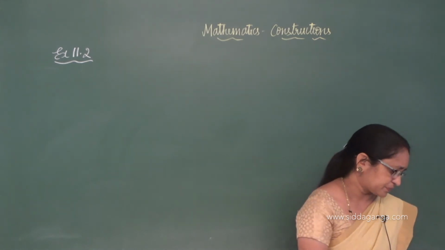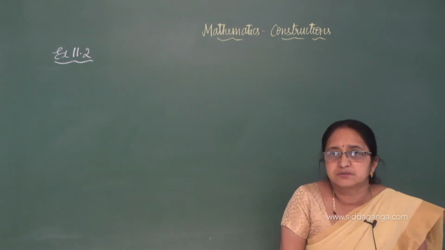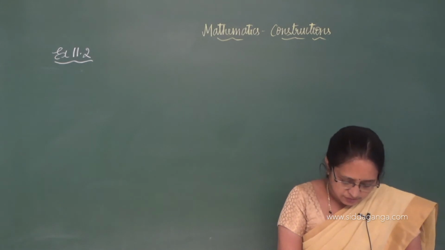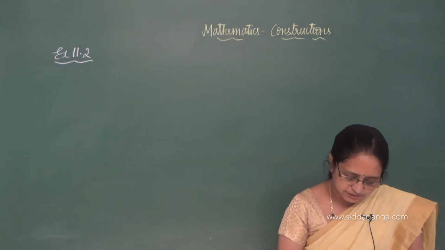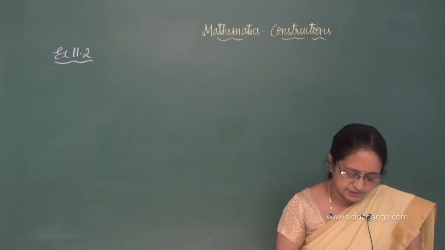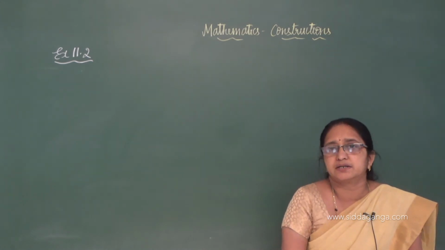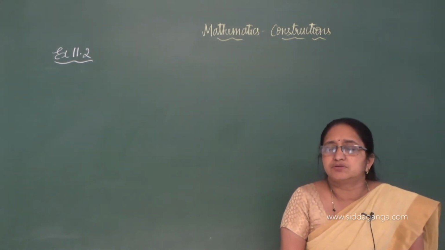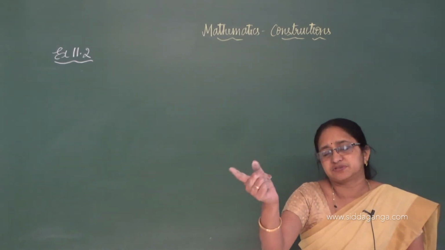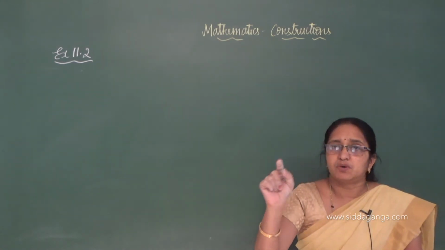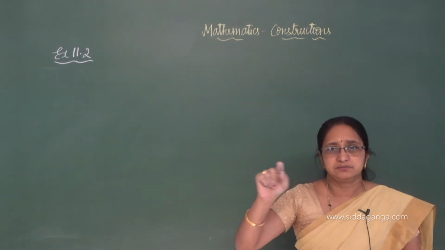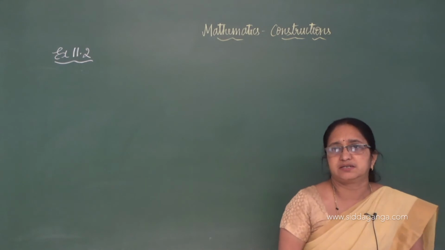Now here there are two circles, and you have to draw the tangent to each circle from the center of the other, which means one center will be the external point for the other circle.